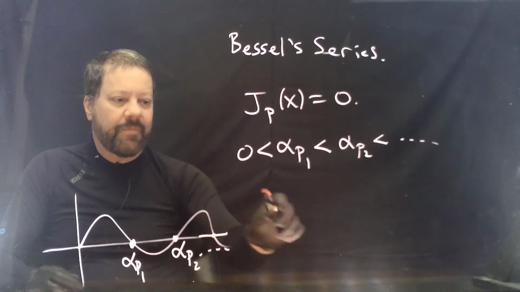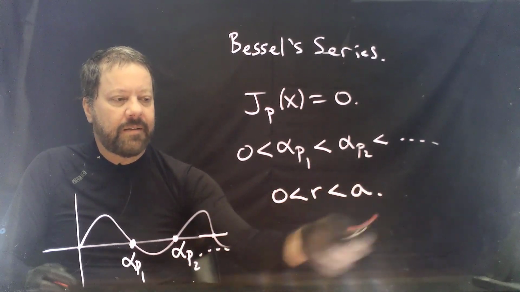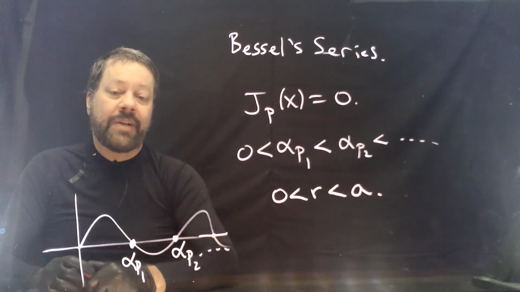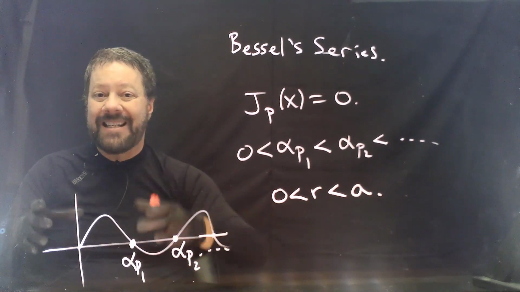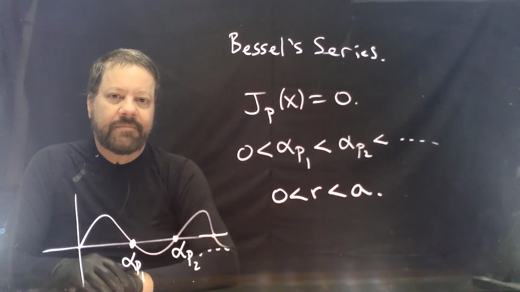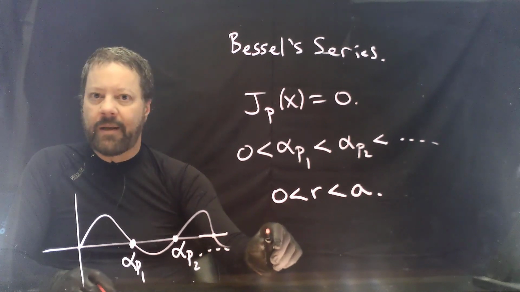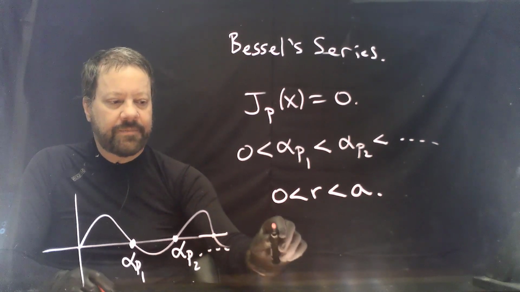You'll remember that we're on a little interval from 0 to a when it comes to our disk on which we're solving Bessel's equation. So we're going to look at the following sorts of functions.